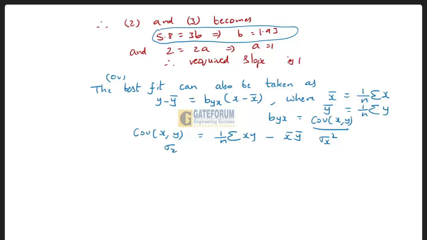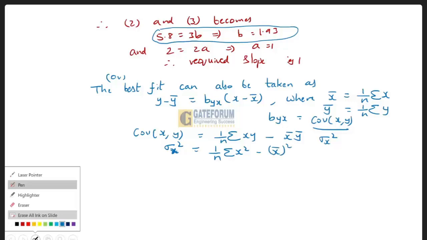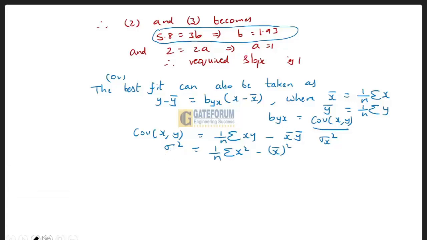The variance of x, square of sigma, is 1 by n sigma x square minus x bar whole square. You can do this method also. So the answer is 1, the required slope is 1. This is the end of the question.